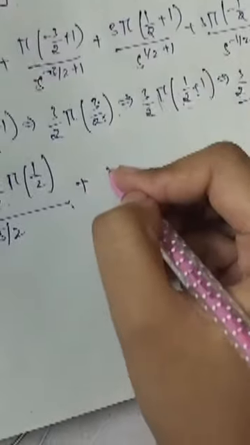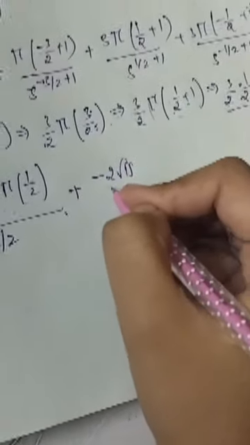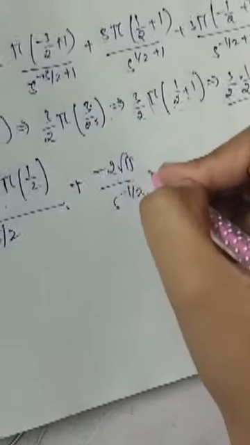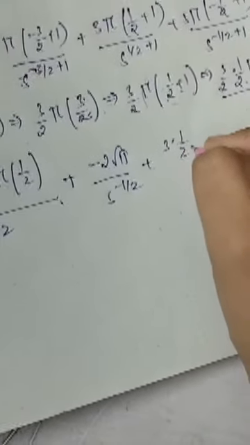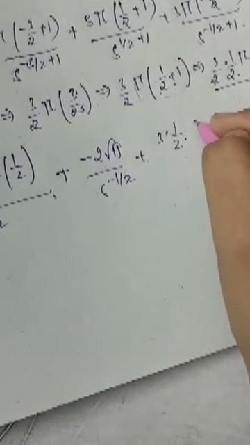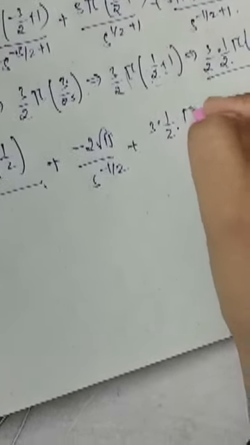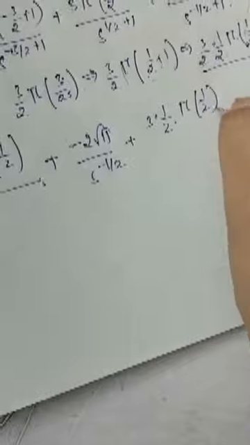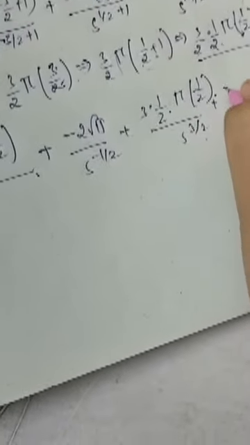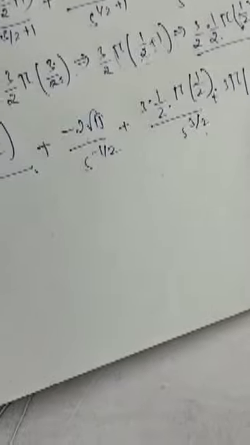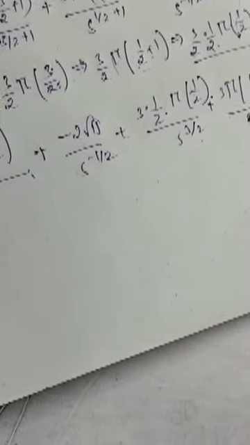Then what we get is minus 2 root pi by s power 1 by 2 plus 3 into 1 by 2 root pi by s power 3 by 2 plus 3 into 2 root pi by s power 1 by 2.